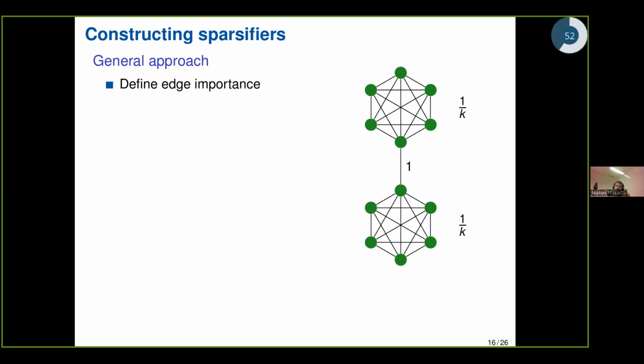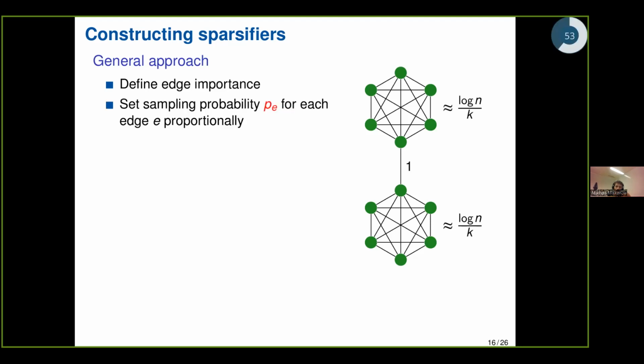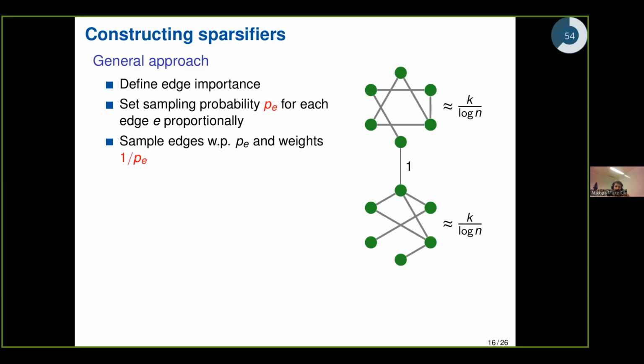For example, we can take just reverse edge connectivity, right? Then this importance is multiplied by some factors to get sampling probability p_e for each edge e. Then each edge is sampled with its probability and assigned weight equal to 1 over p if it survives the sampling.